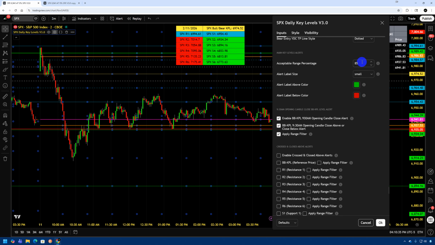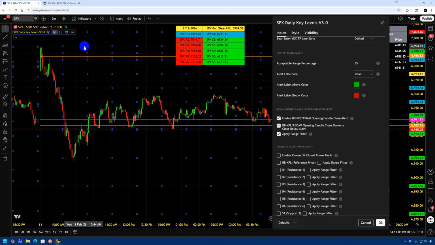Like I said, the maximum is 85%. And one of the reasons you have to think about is that when you're taking a trade off the BBKPL level, if it was a bullish trade, your tight stop loss is the QL below, and your standard stop loss is the first midpoint below. And then you have to think of the reward.